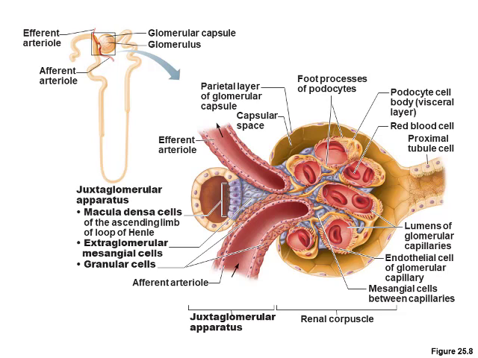That means this is the afferent arteriole, this is the distal portion of the ascending limb. They come close to each other. And this part is called the juxtaglomerular apparatus. Okay, juxtaglomerular apparatus. And renin is produced here.